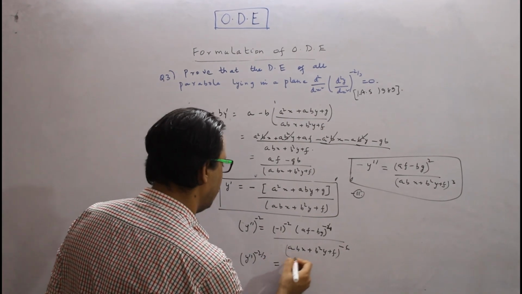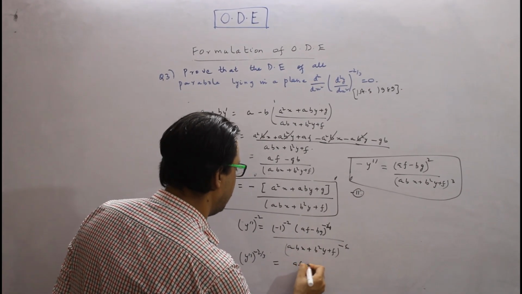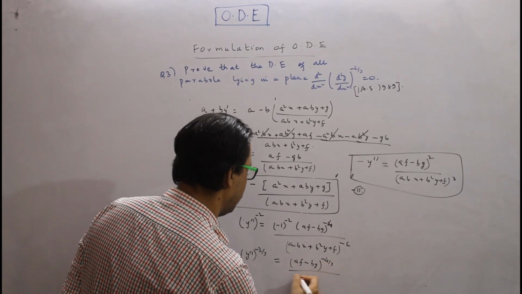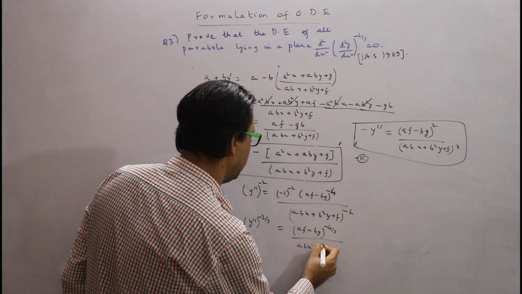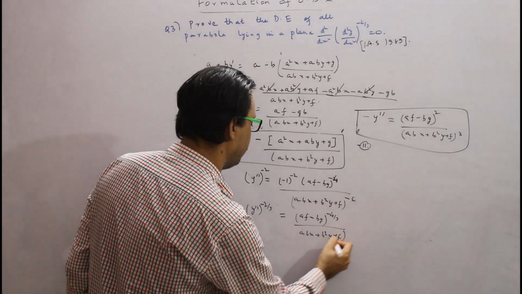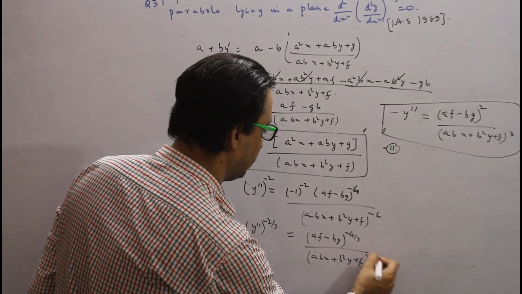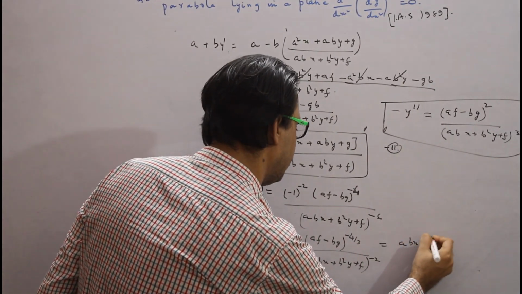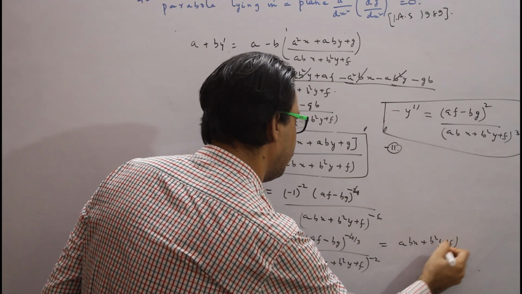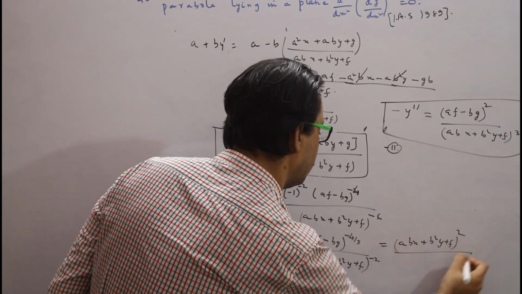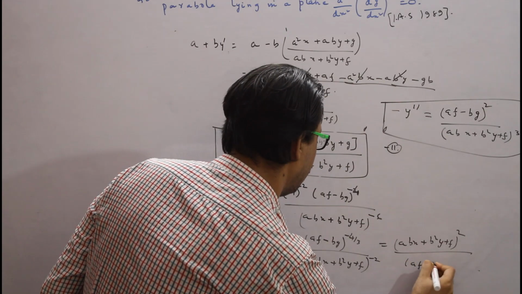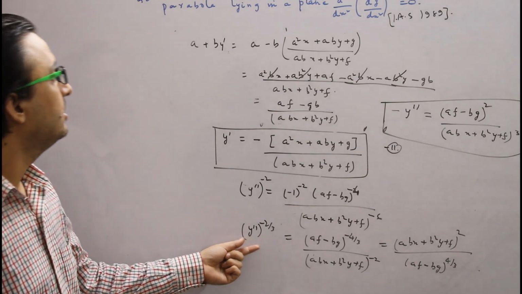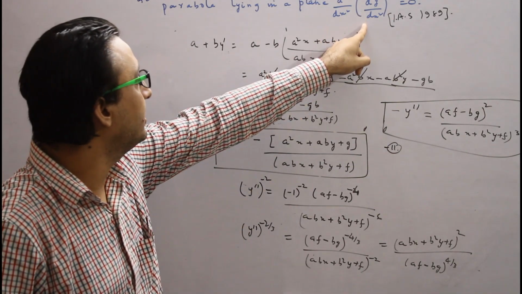So this becomes (af - bg) to the power minus 4/3 divided by (abx + b²y + f) as minus of 2. So we can write it as (abx + b²y + f) to the power 2 divided by (af - bg) into 4/3. So we have arrived till here.